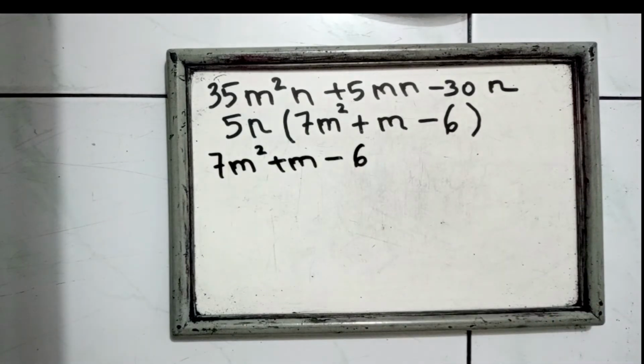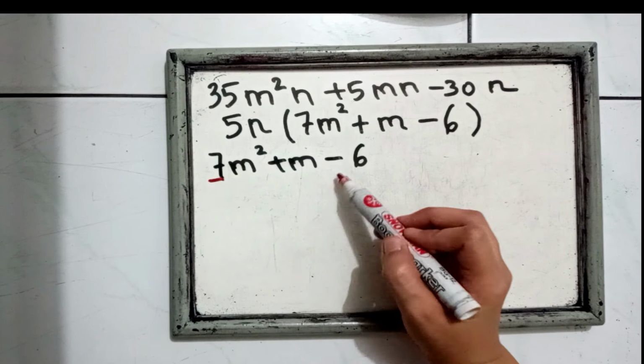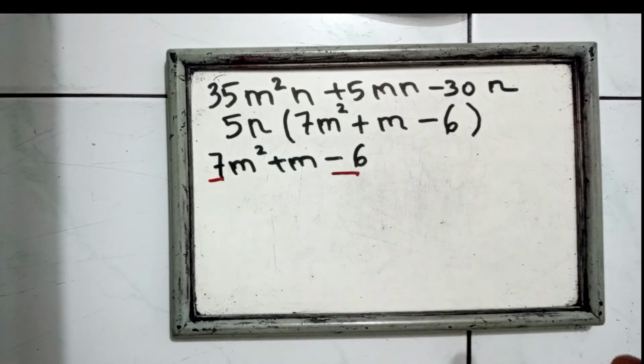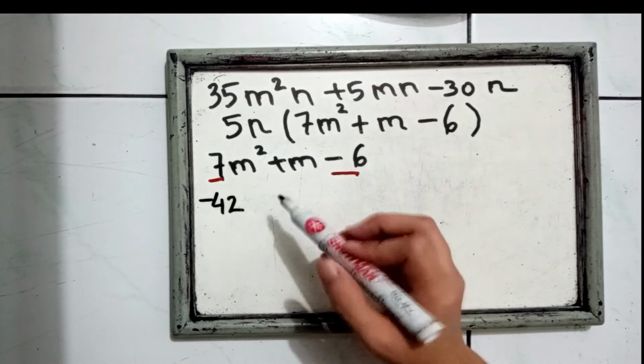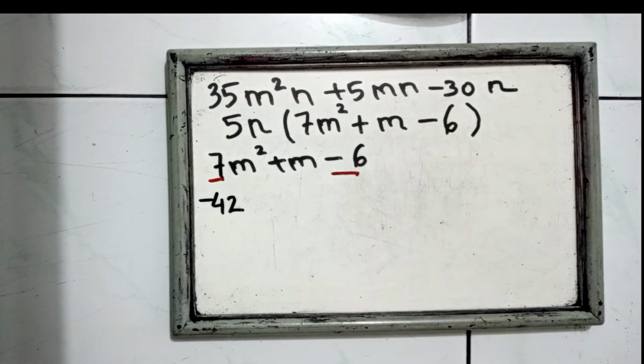Same as the steps that I showed you in the explanation before. First, find 7 times negative 6. It will be negative 42. And then you have to find the pair of numbers.